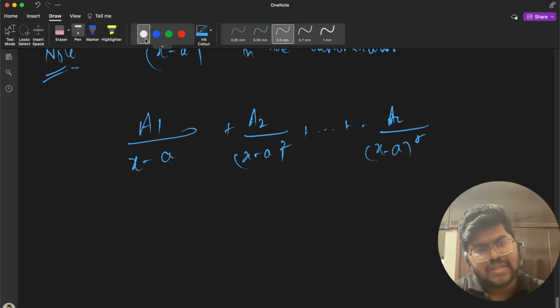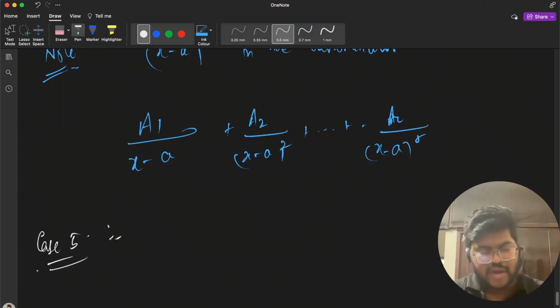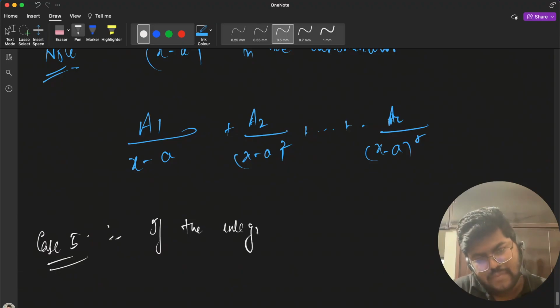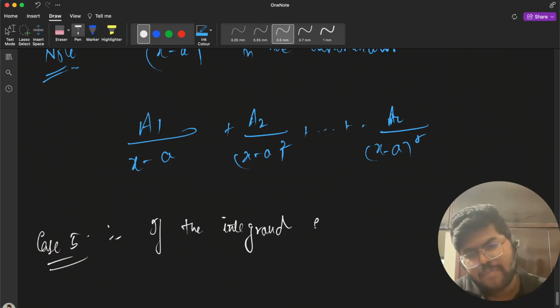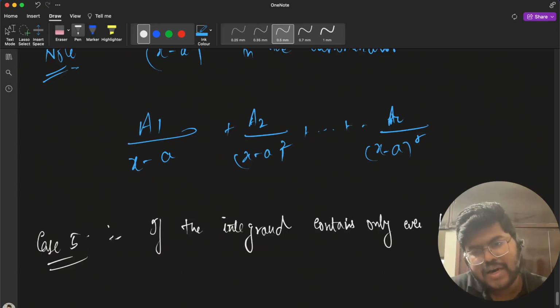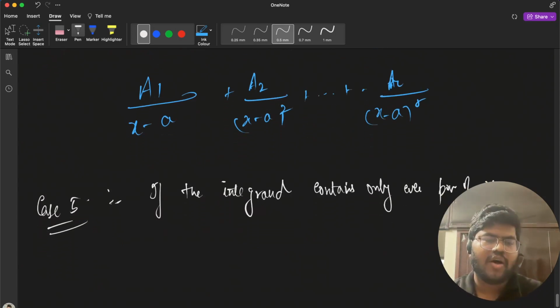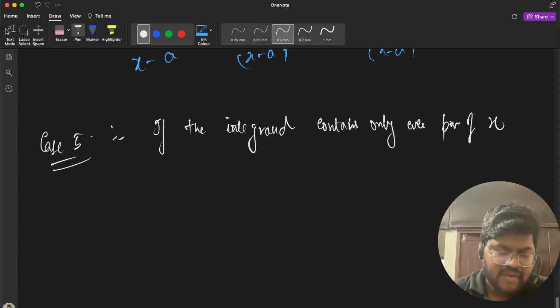Now case number 5 tells us that if the integrand contains only even powers of x, let's say x square, x4, x6 or x8, only even powers of x, right?